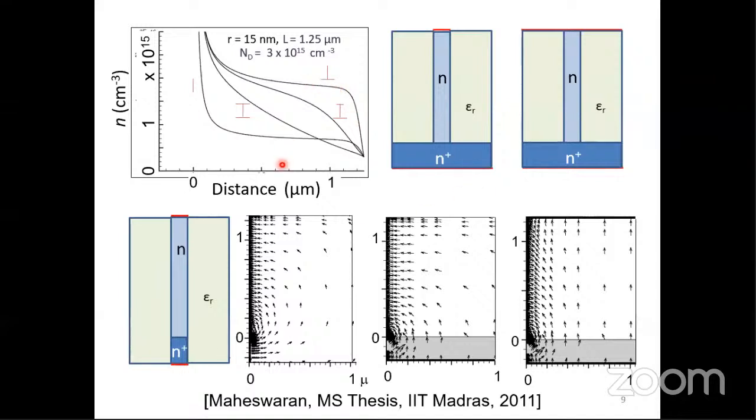How these extensions have an effect, this is what is shown here. If both contacts are extended, then you get this carrier concentration versus distance curve. If bottom alone is extended, top is restricted, then you get this curve. If bottom is extended and top is extended a little bit, not as much as bottom, then it will be in between.